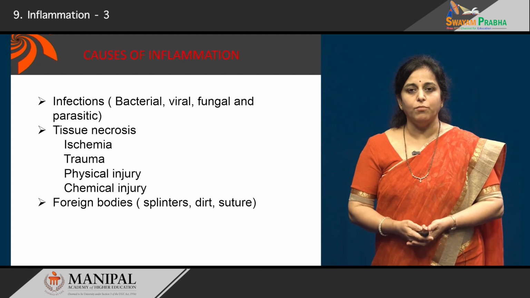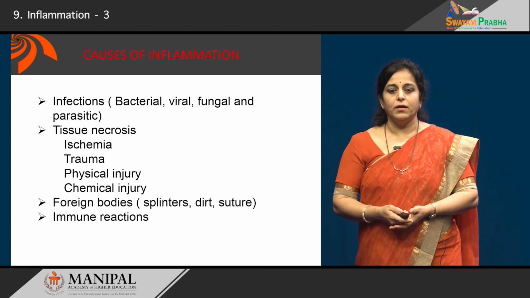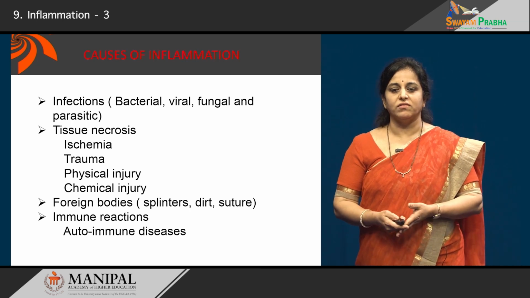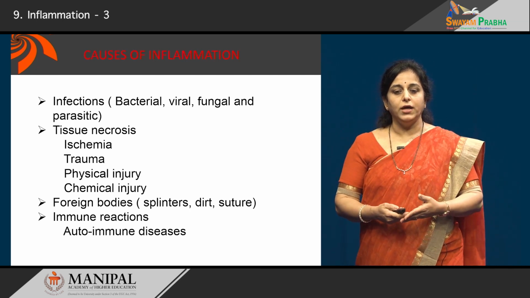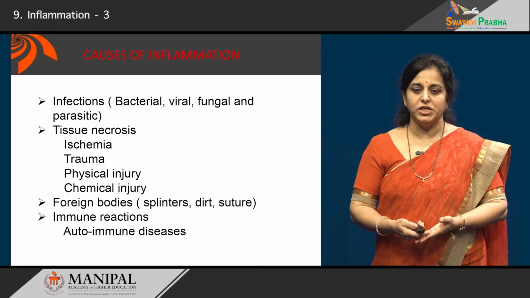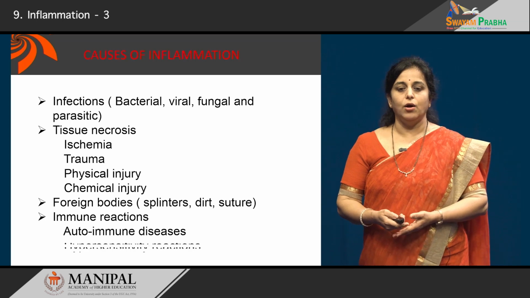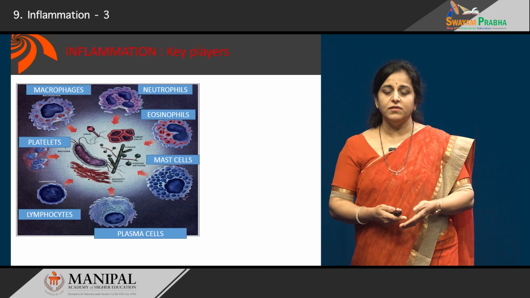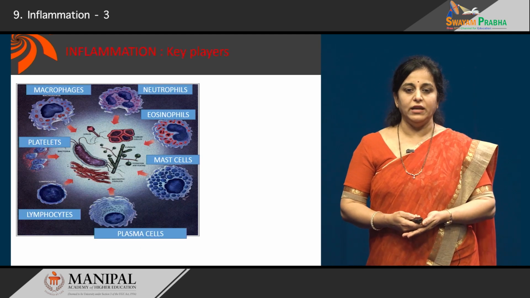Any entry of foreign bodies into the body, immune reactions, for example, autoimmune diseases. In this condition, the body recognizes self antigens as foreign and there is inflammation against one's own cells. Also hypersensitivity reactions. These are the key players that play a role in inflammation.